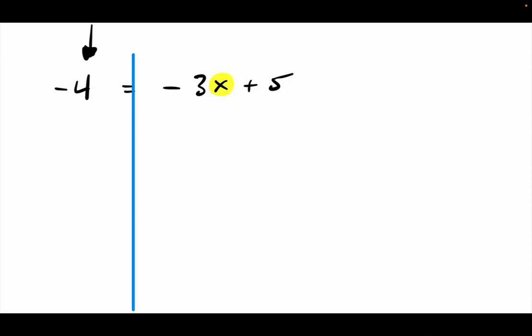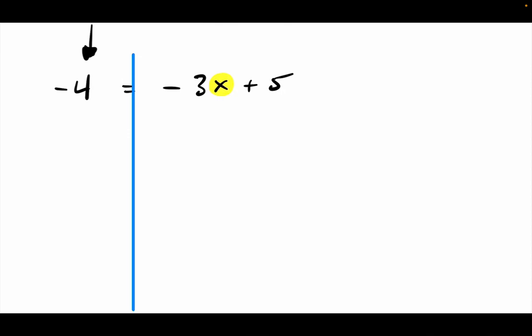Or +3x. No, not yet. We're going to do all those things. You're not wrong. We're going to do the opposite. So to solve for x, you're actually going to use PEMDAS. You're going to start at the bottom and work your way up. So we're not going to start with P anymore. We're going to start with A and S, addition, subtraction.